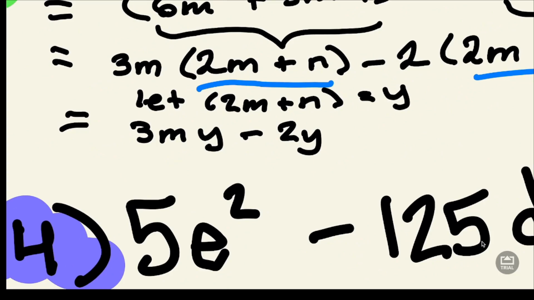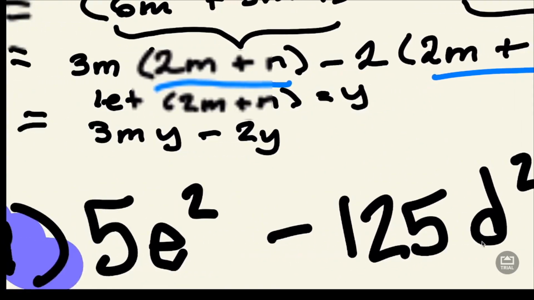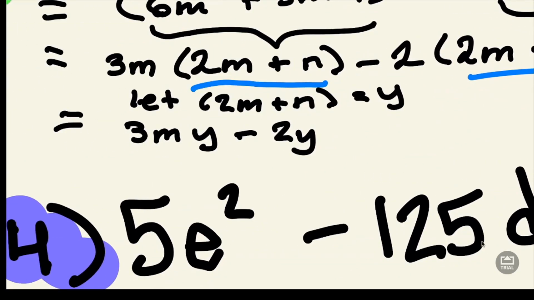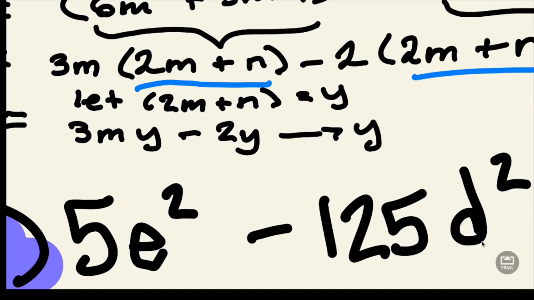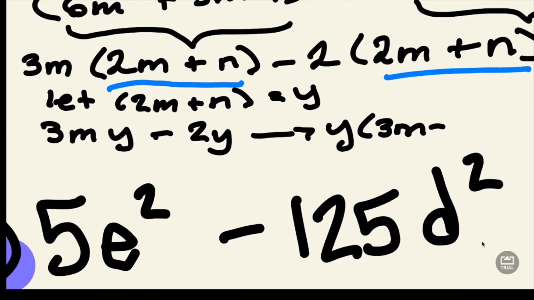Now we're given two terms, and we look at what is common between them. y is common, m is not common, and the coefficients aren't divisible by anything. So this can be written as y times 3m minus 2.